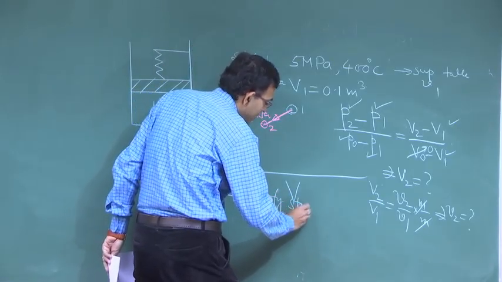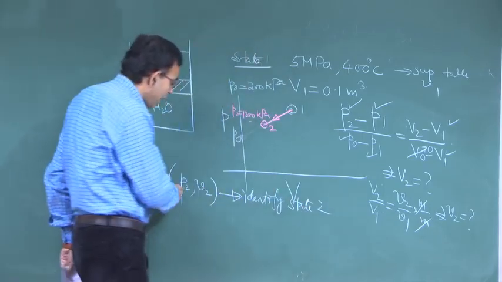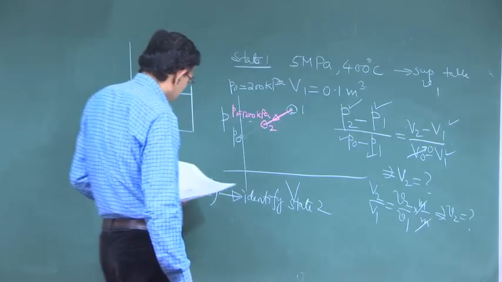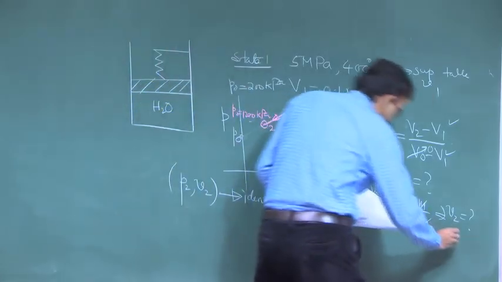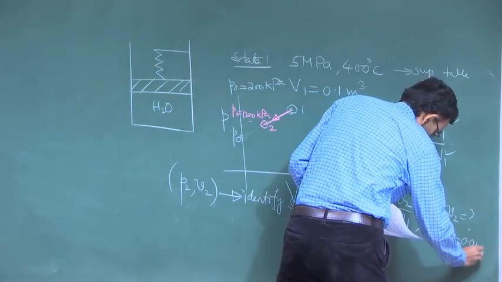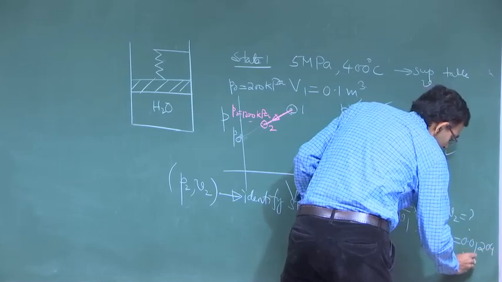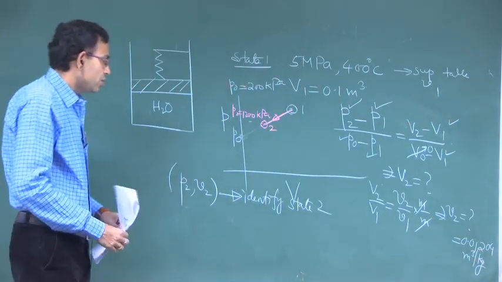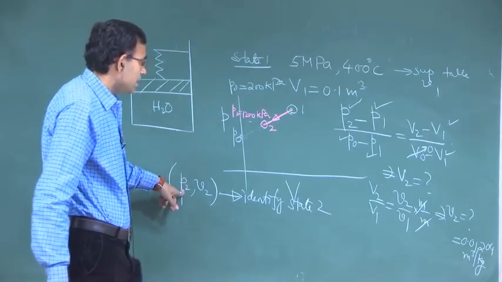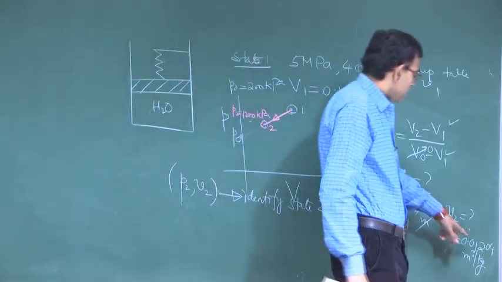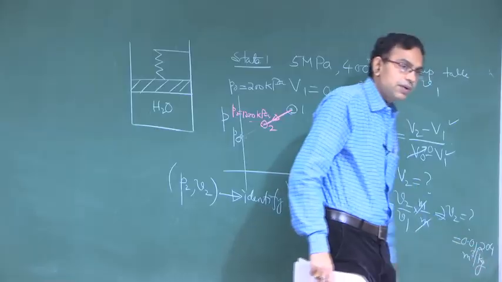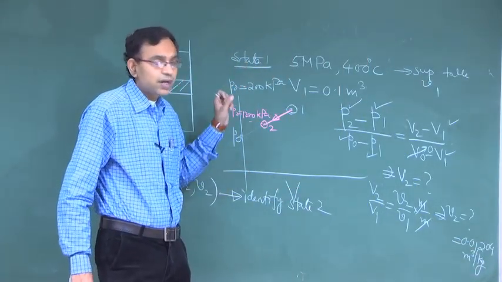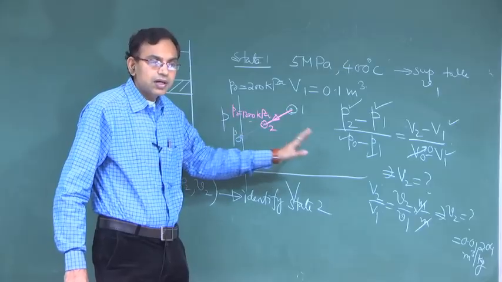So, you identify state 2 by looking into the combination of P2, which is 1200 kilopascal, and V2, the answer to this is 0.01204 meter cube per kg. Okay. So, by looking into 1200 kilopascal and 0.01204 meter cube per kg, you have to identify the state, whether it is 2 phase or superheated or whatever.